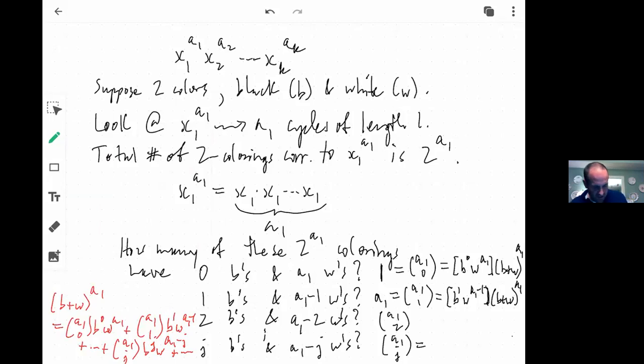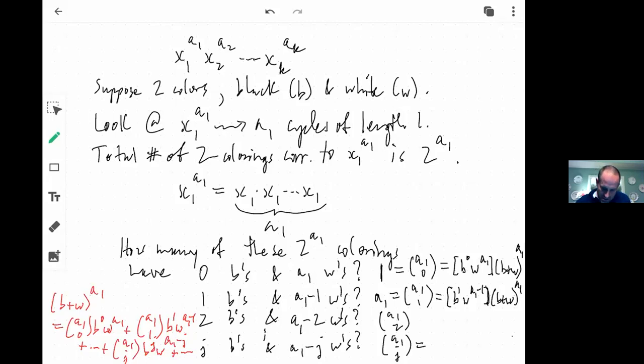Okay, so in general, and we're going to kind of leave it at this, notice that like I have 2 to the a1 total colorings here. This is if I'm dealing with 2 colorings, and incidentally, this is going to extend to any number of colors later on. But if I have 2 colorings, then I can actually characterize how many of these colorings of the 1-cycles have exactly J blacks and a1 minus J whites.